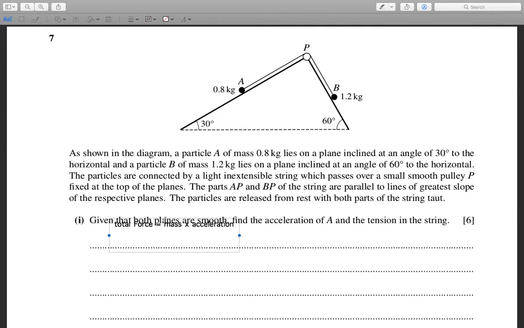The total force comes from mg sin theta for particles A and B. So for A it is g sin 30, and for B, negative, not plus, 1.2 g sin 60.